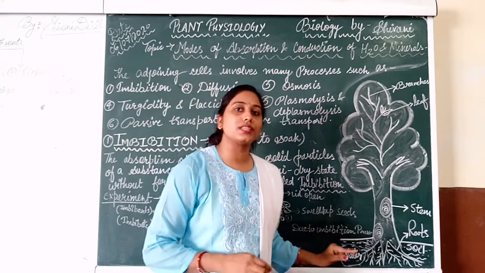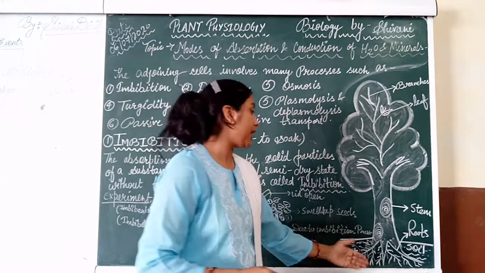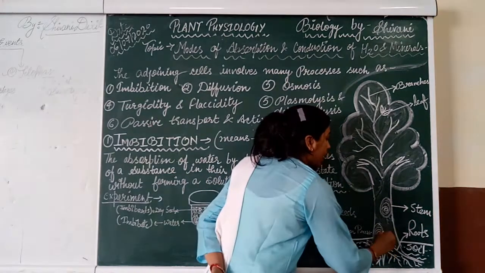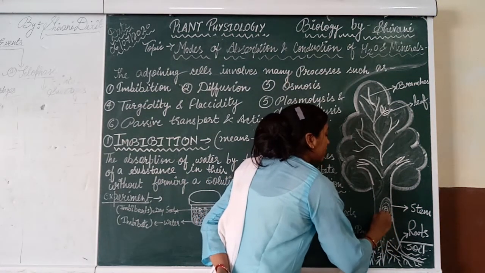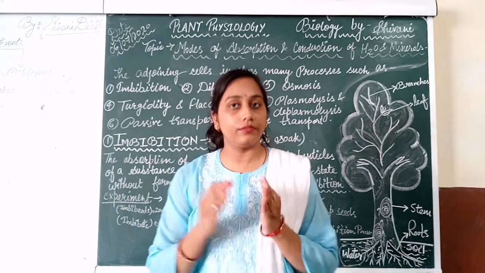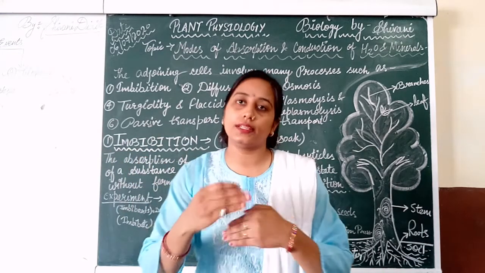We can also say that this water is imbibed by that root hair, and these root hairs have a cellular combination. These cells are adjoined one to another, cell to cell.